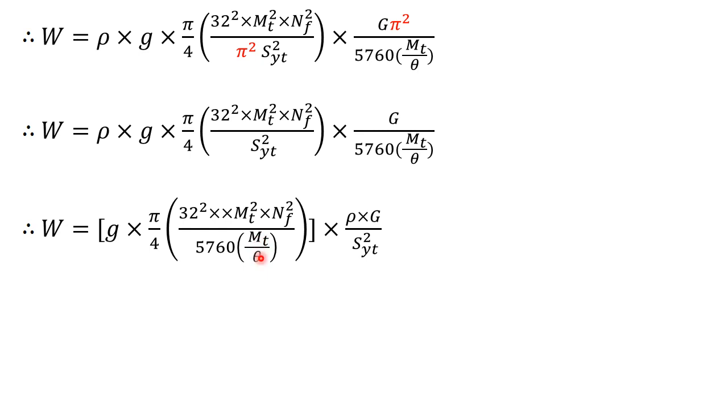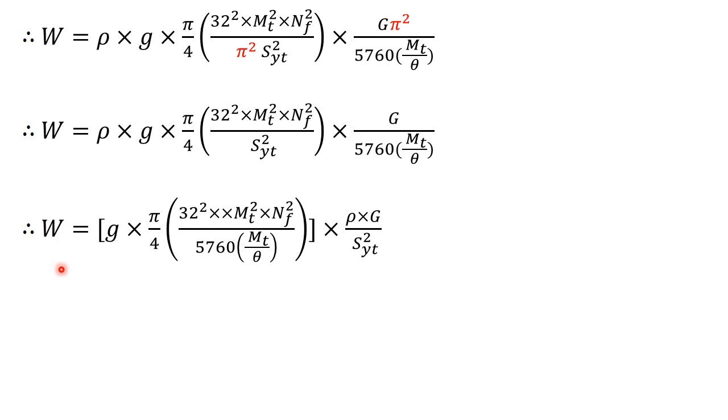Mt by theta is again given in the statement of the problem and not dependent on the material. And these parameters are now separated, which are dependent on material: rho dependent on material, modulus of rigidity dependent on material, and SYT dependent on material. Okay, so W is equal to some constant value into some variable term that depends on the material.